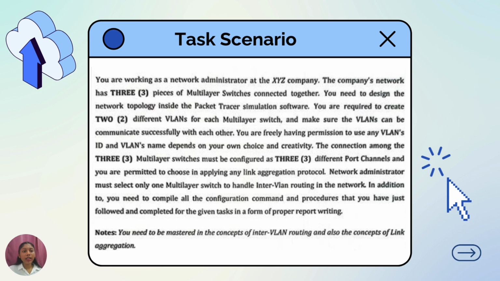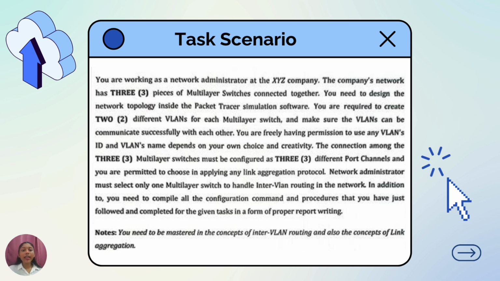Okay, the given task scenario is you are working as a network administrator at the XYZ company. The company's network has 3 multi-layer switches connected together. You need to design the network topology inside the Packet Tracer simulation software. You are required to create 2 different VLANs for each multi-layer switch and make sure the VLANs can communicate successfully with each other.